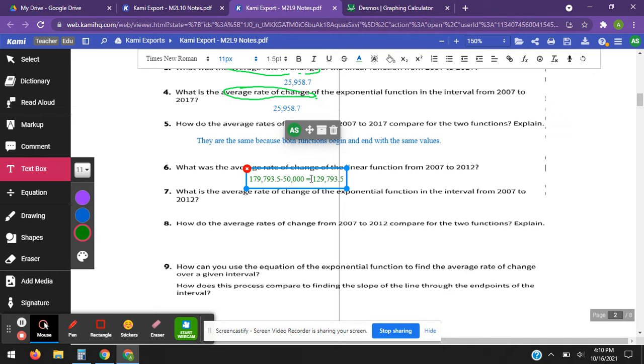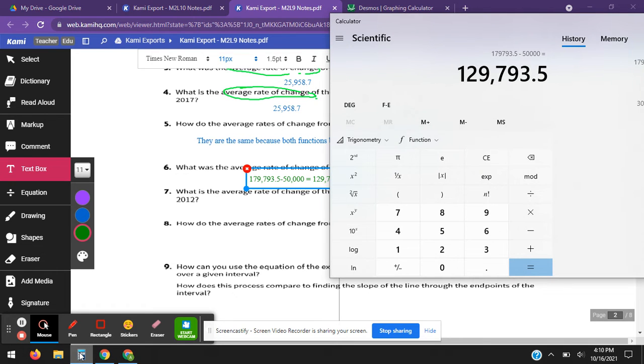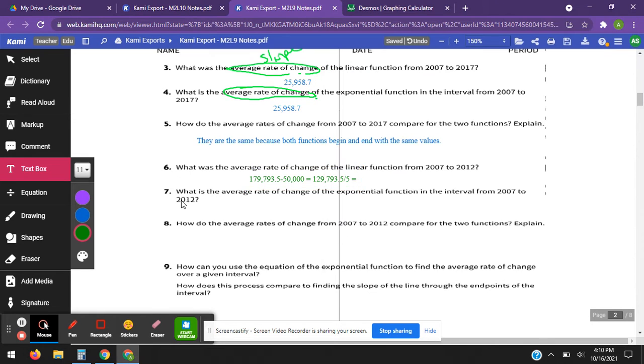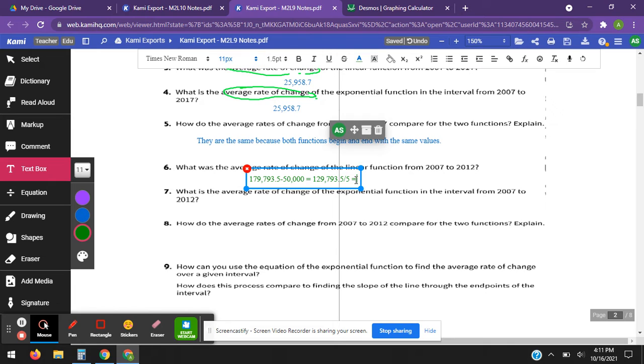And if we divide that by 5, we're finding our slope. Oh, look, it's our slope, right? And does that make sense? All slopes should be the same on a linear equation, right? 25,958.7. Okay, so it's the same.